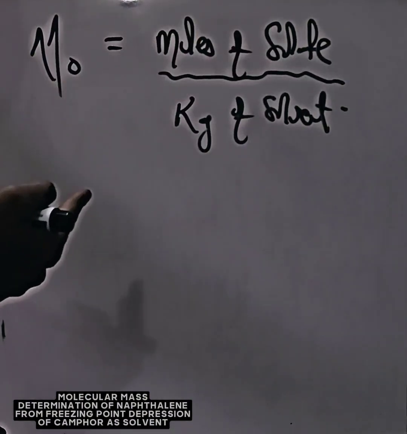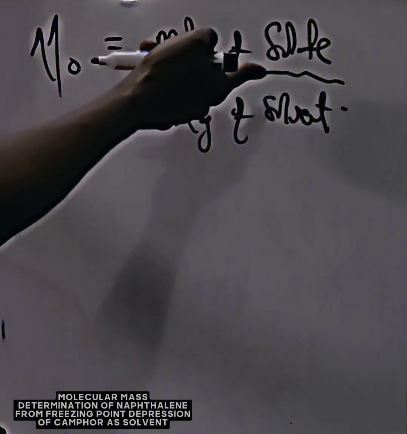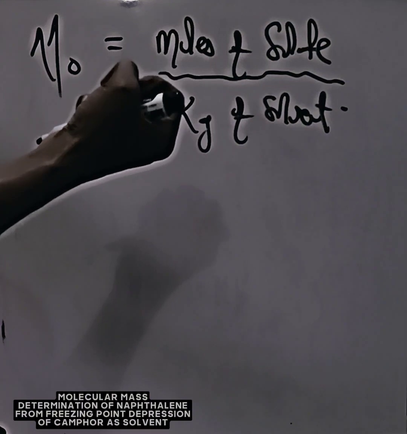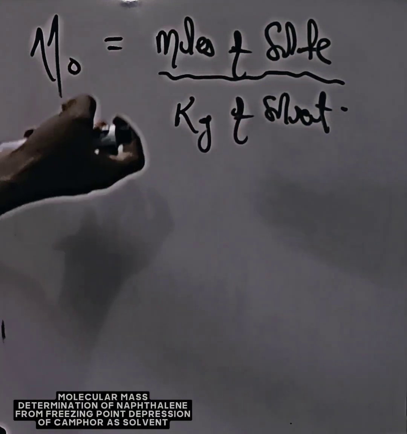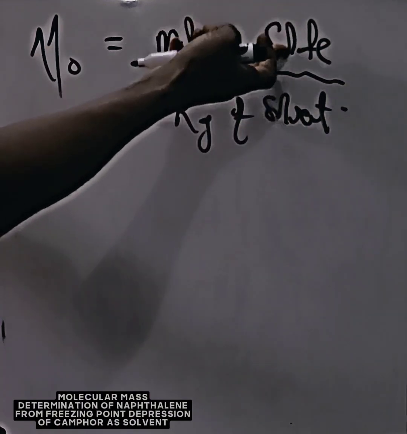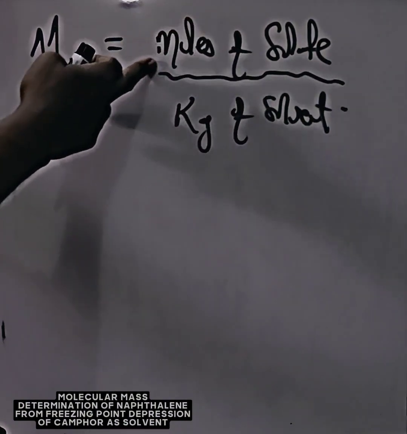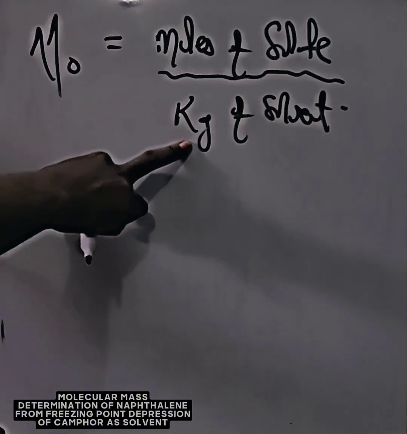What is our solute? Our solute is naphthalene. In this experiment, what is going to be our solvent? Our solvent is camphor. So the molality of the solution is the moles of solute, naphthalene, divided by the kilogram of solvent, camphor.